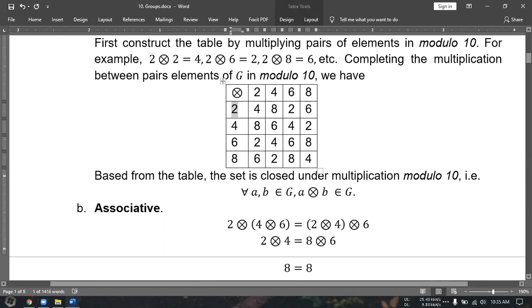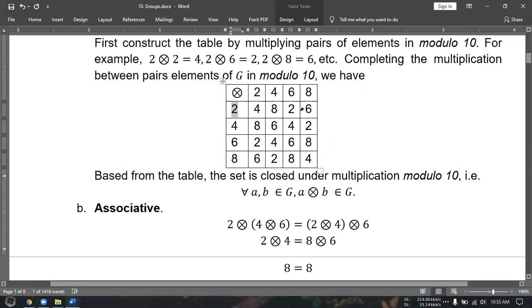It's another way of asking, what element should be operated with 2 so that the result is the identity element? 8, sir. So the inverse of 2 is 8.